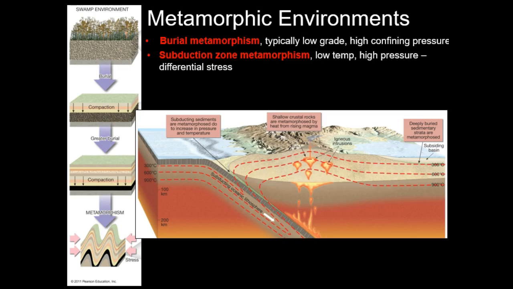So they're not very good at conducting the heat at such depths, but they are getting subducted, I should say, pretty fast. So in this kind of case, you have a high pressure system with not as great a temperature.